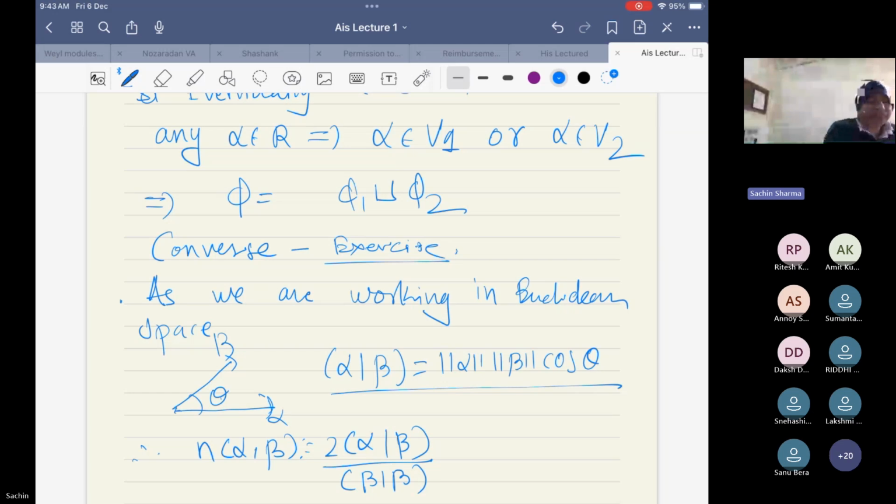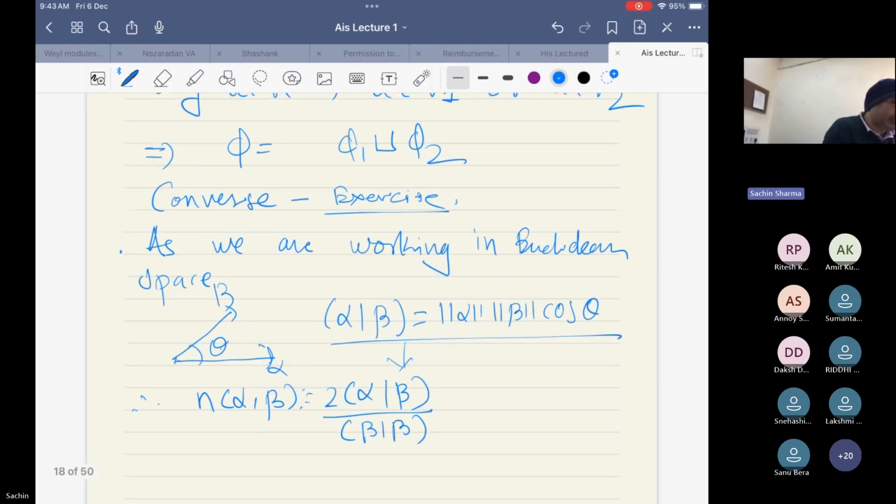Now, using the above identity, this is an integer. Remember what it is? Anybody? This is in terms of the coroot. What is it?